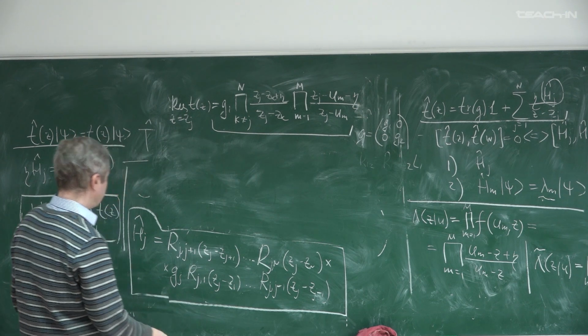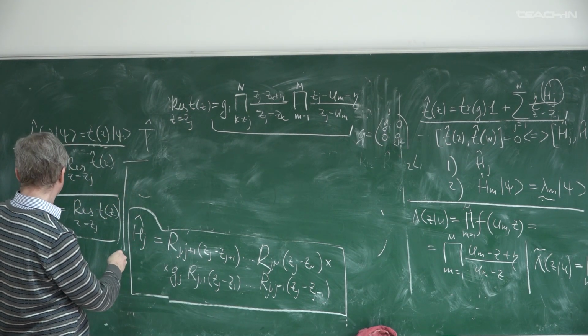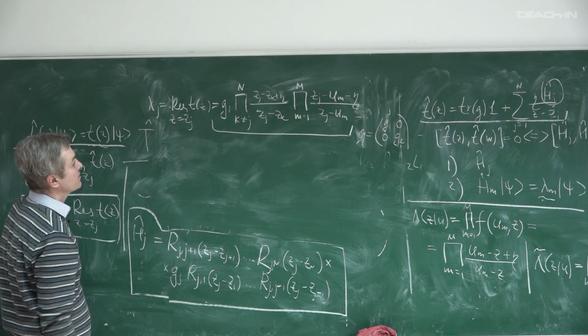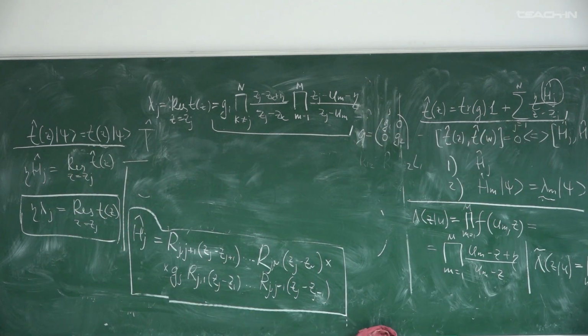So we found this expression for these quantum Hamiltonians, and these are eigenvalues for these Hamiltonians. And the last thing we need is to write the Bethe equations.